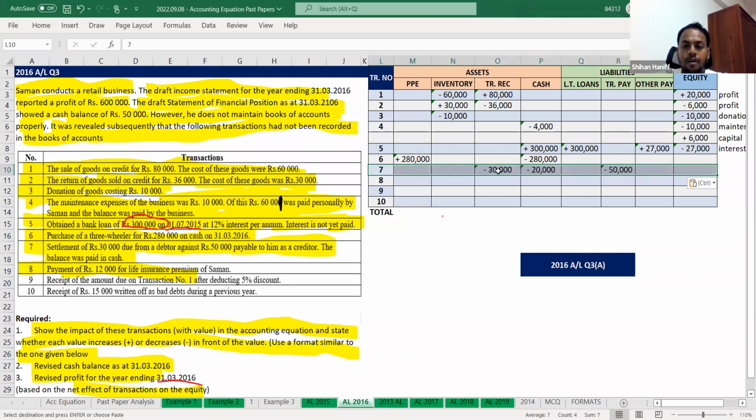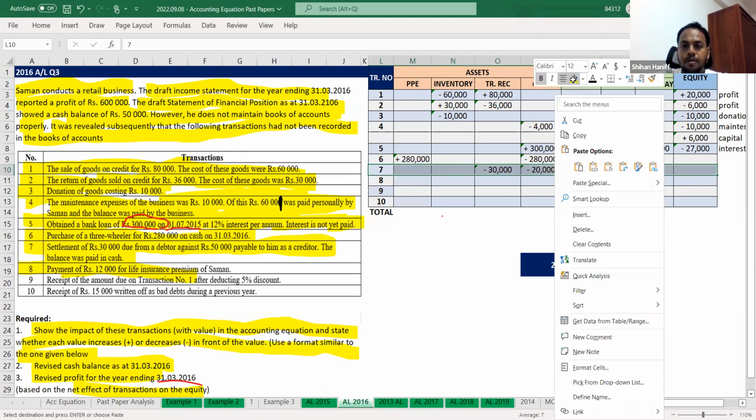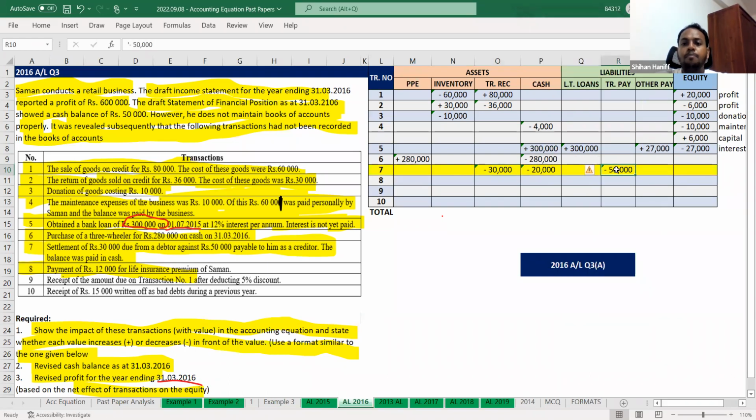Then trade receivable will reduce by 30,000 because it's set off. Trade payable will reduce by total 50,000 and cash will reduce by 20,000.